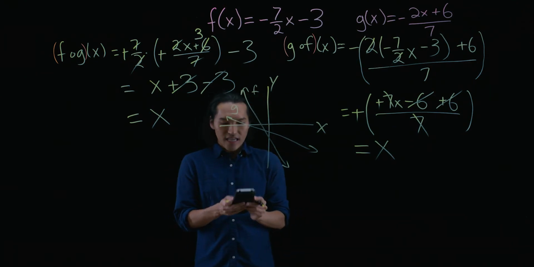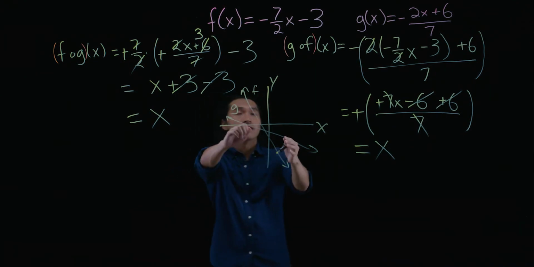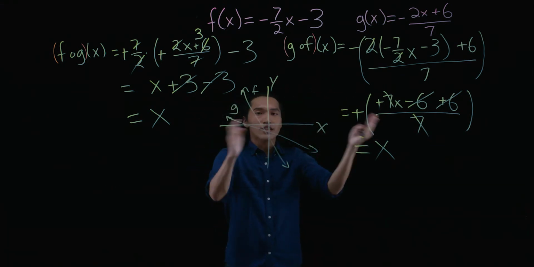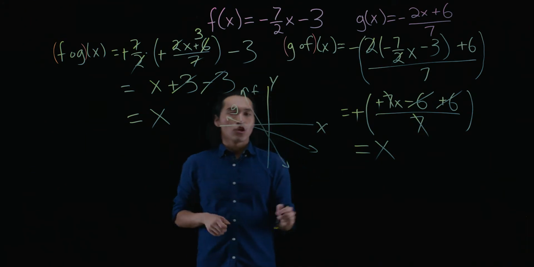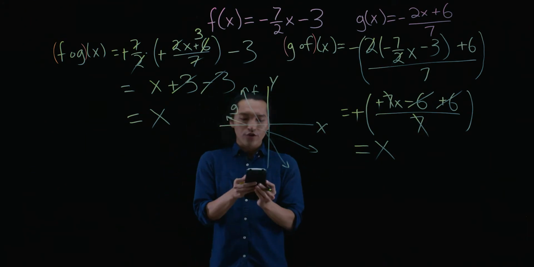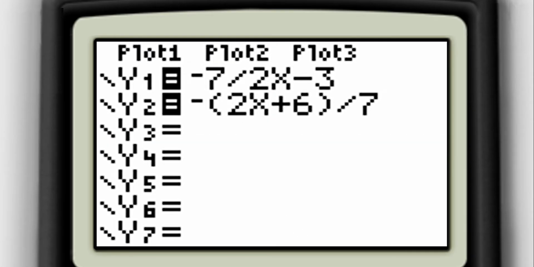Now, remember, the definition of inverse is that they are reflections of each other. They are opposites of each other over x. So if you wanted to, you could also go into your graphing utility, go to y equals, go to y3, and type in x. So then we have y equals x.